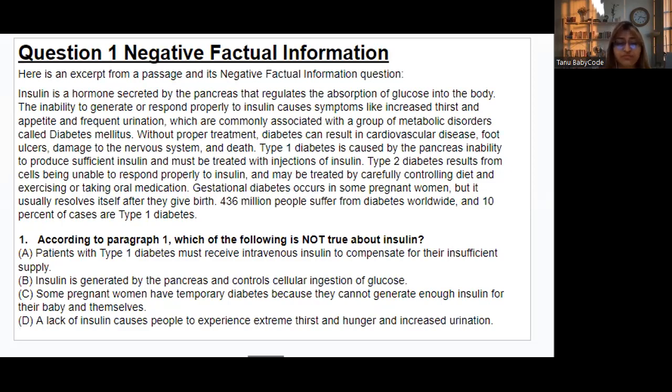So here you will get a statement which will not be true, right? Which is not true, that means you will get a wrong statement. So quickly go through the options and the passage: according to the paragraph, which is not true about insulin.